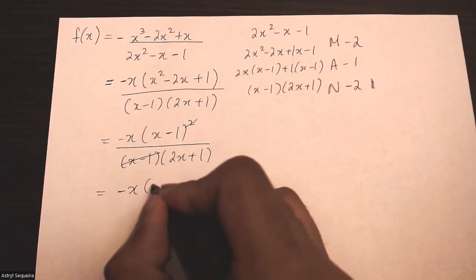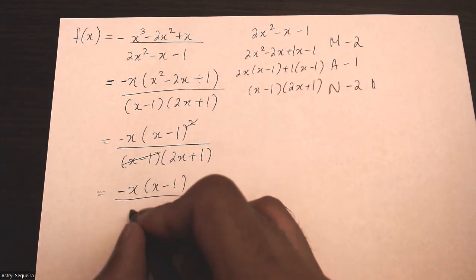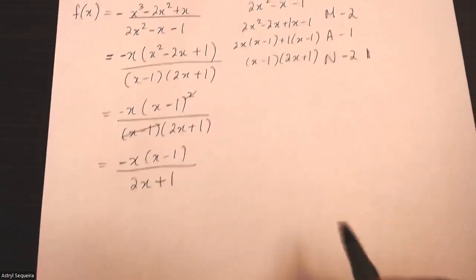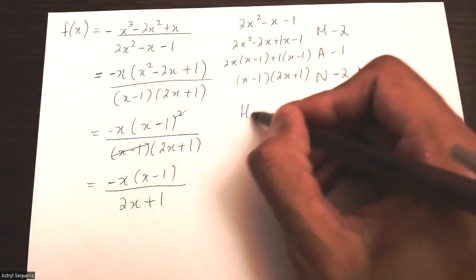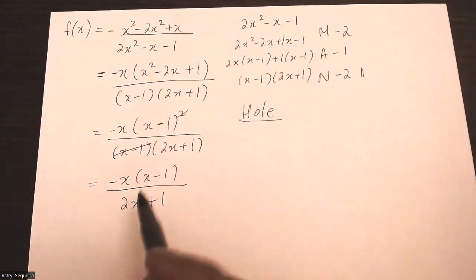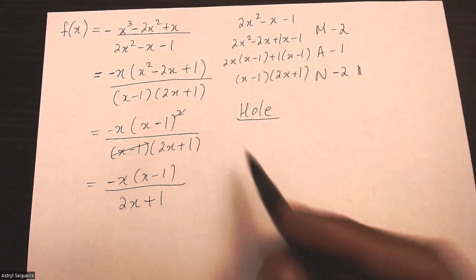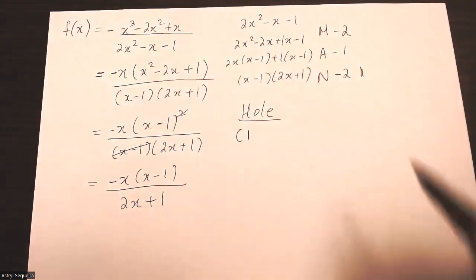On the top, I have negative x times x minus 1, and on the bottom, I have 2x plus 1. And like I said, the cancellation of the factor is going to create a hole, and the x value of the hole will just be the solution of the bracket that I canceled, which is positive 1.